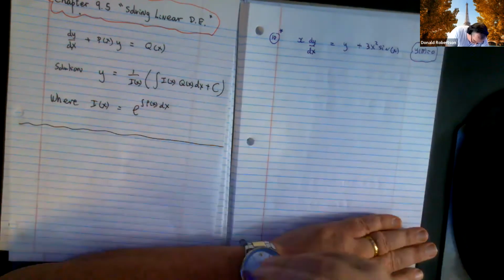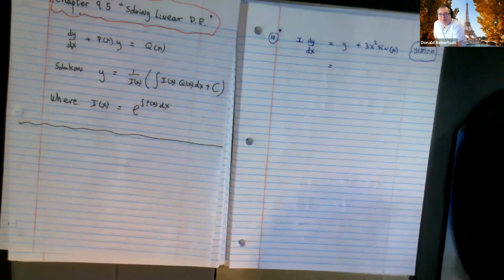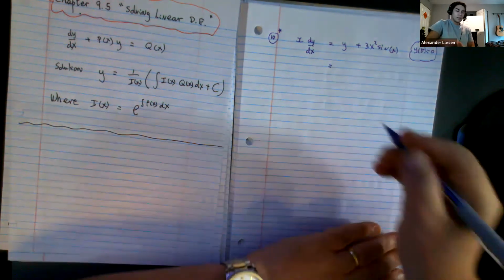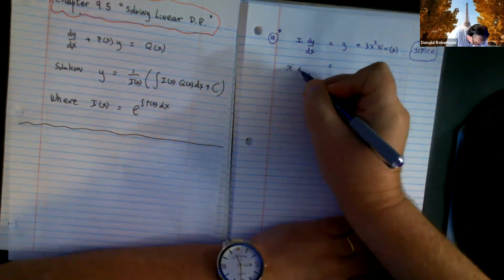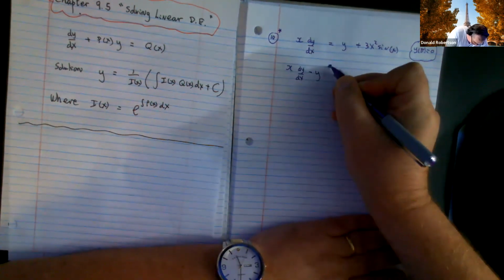I'm going to do a little bit with you. You're going to help me. What do you think I should do to both sides next? What should I do to both sides? Subtract y. Great. To me, it's a good idea just to take things in small chunks.